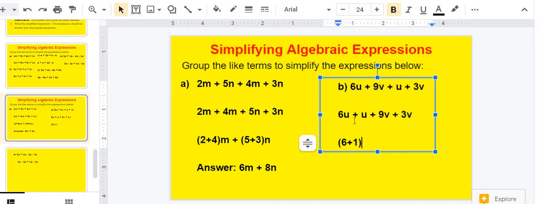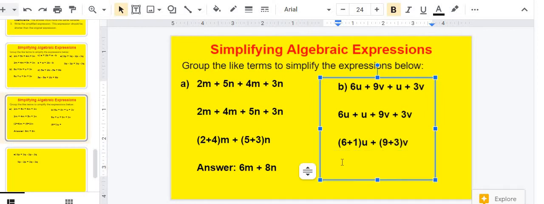Then we're going to keep the same variable, that's u. There's also a plus sign between 9v and 3v, so that means we have to add their coefficients. And that would give us 7u plus 12v. And that's our final answer.